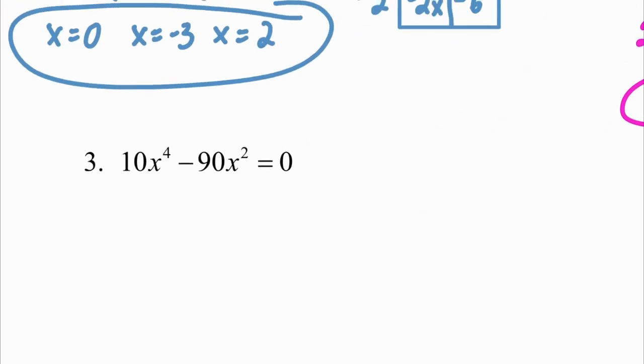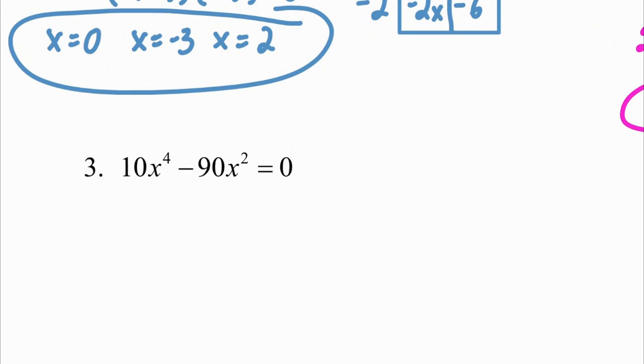All right. Again, we should do GCF here. Both of these are divisible by 10, and both of them have an x squared. So I can take out both of those, and that leaves me with x squared minus 9. Now this is factorable by a difference of squares.